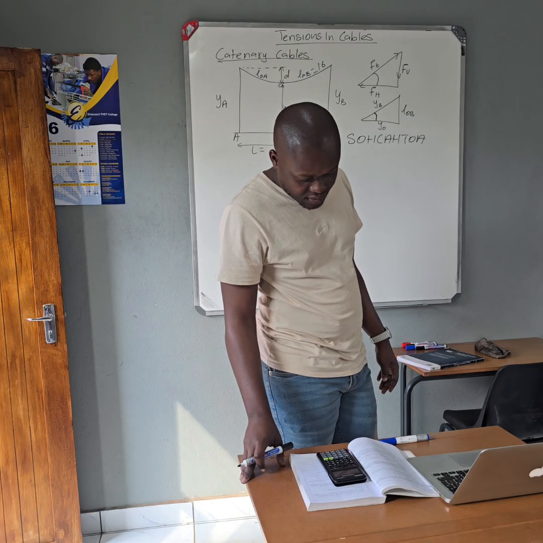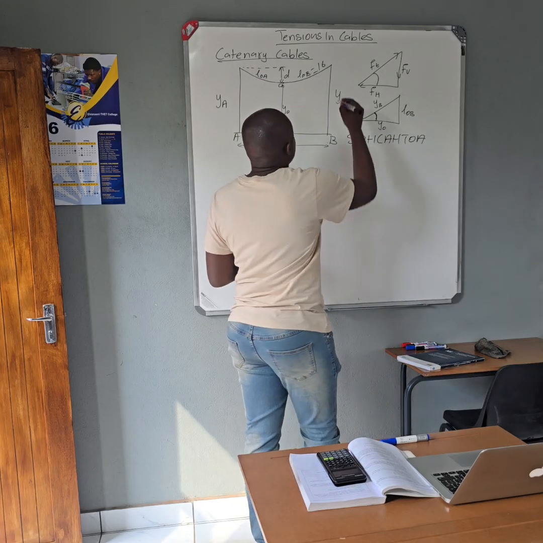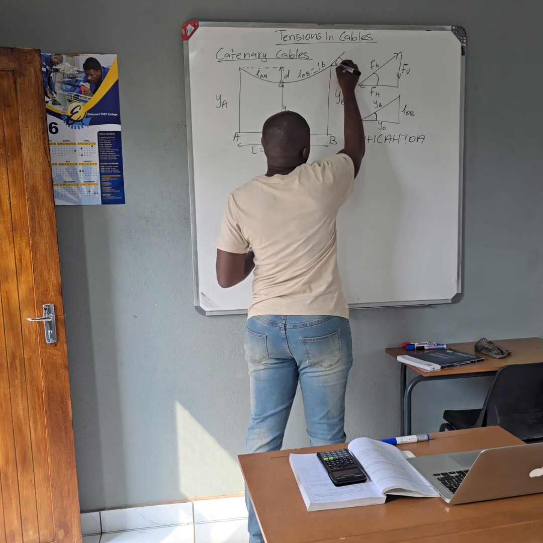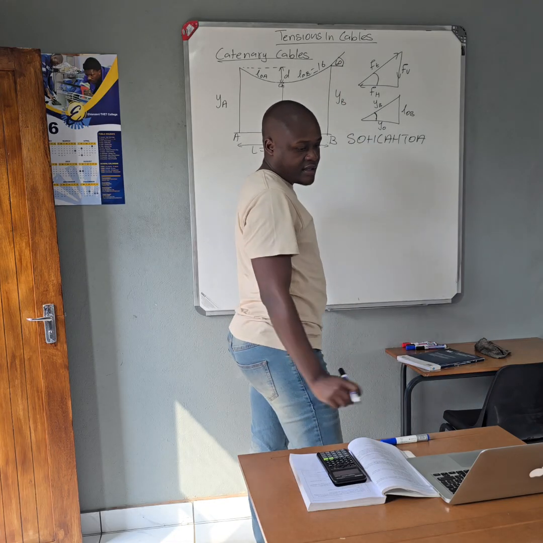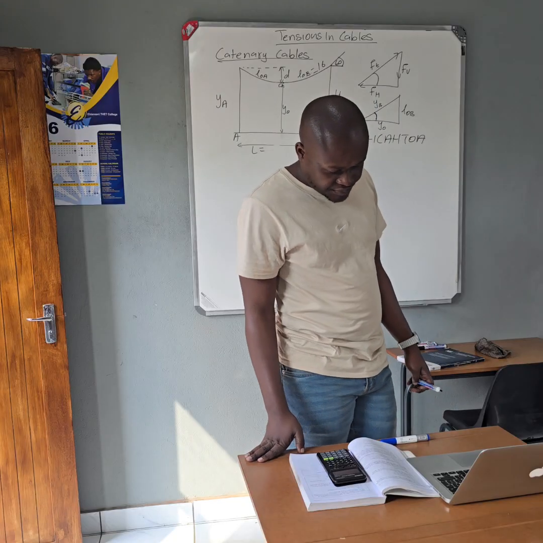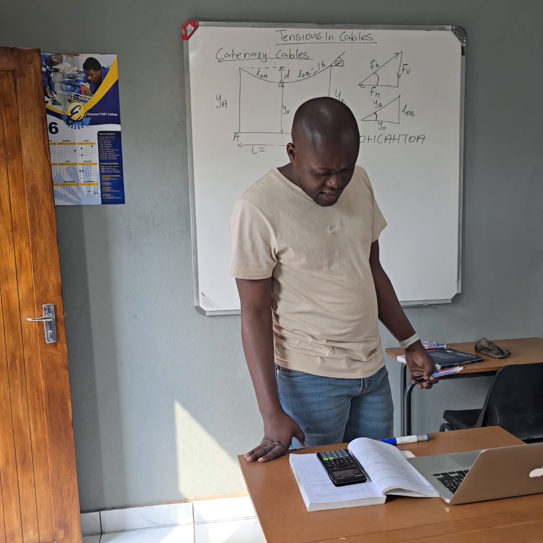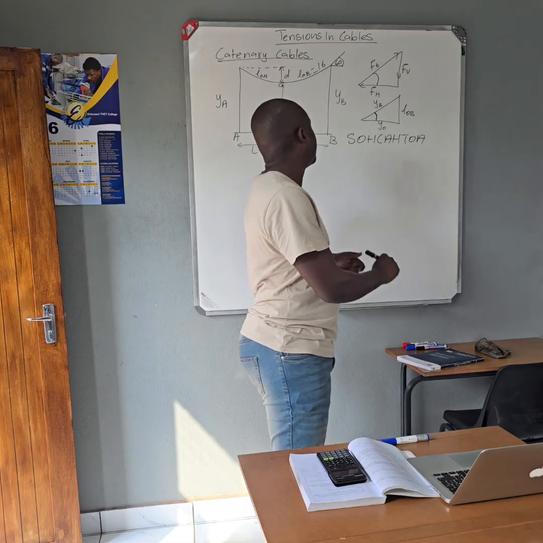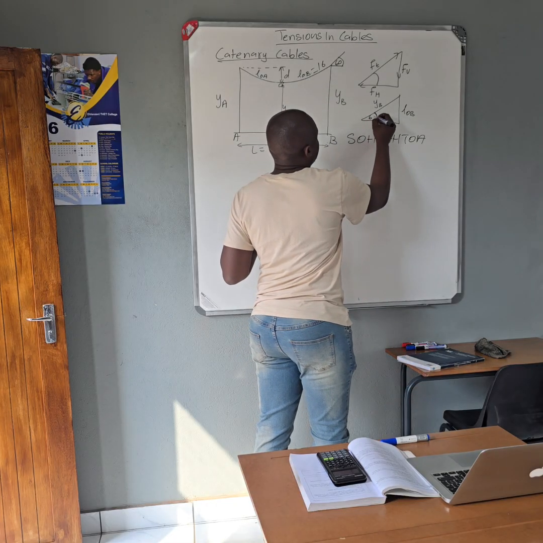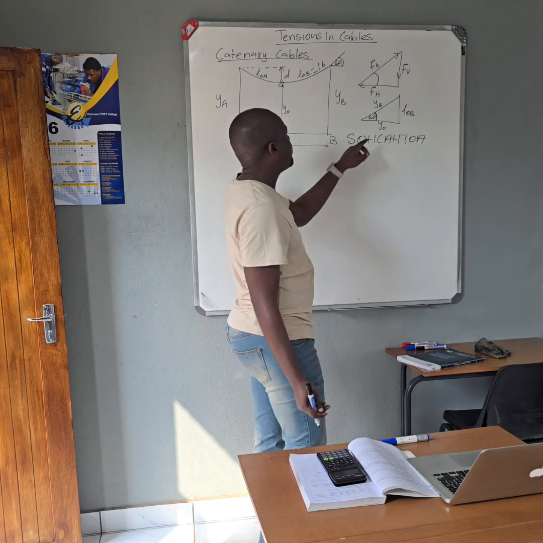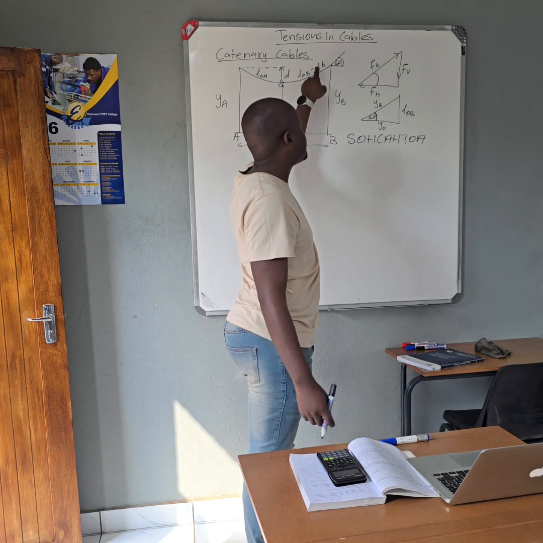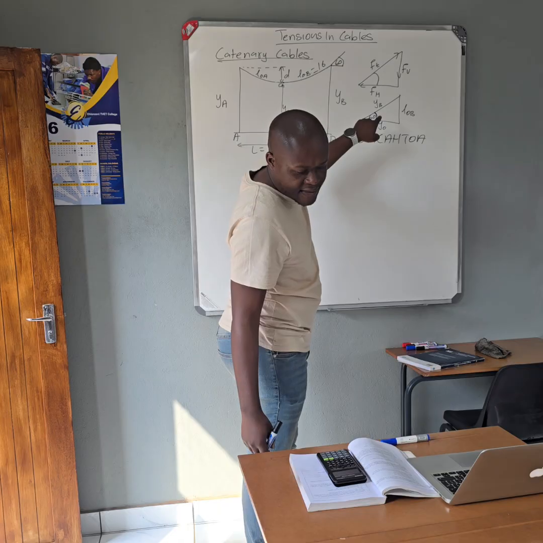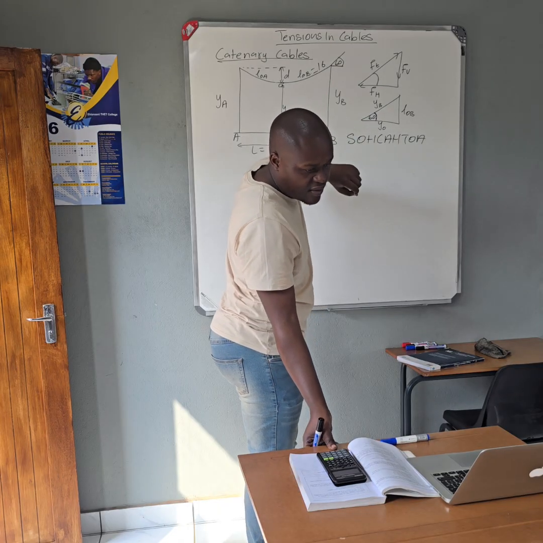The angle of the chain with the horizontal is 60 degrees. Then calculate the sag of the chain. On the LOB, which is 16, you have the angle of 60 degrees. We want the sag of the chain.